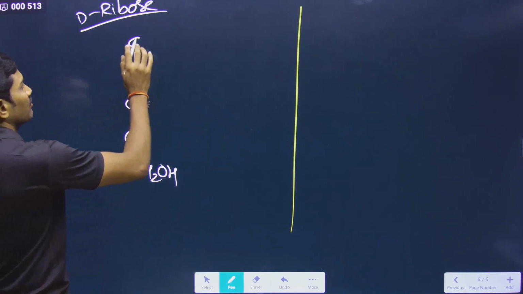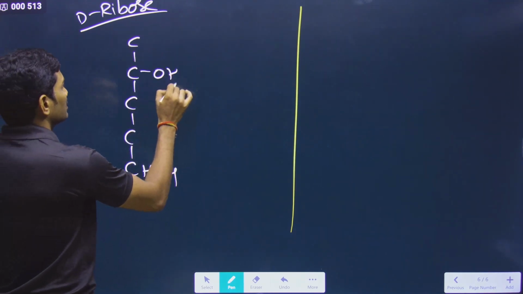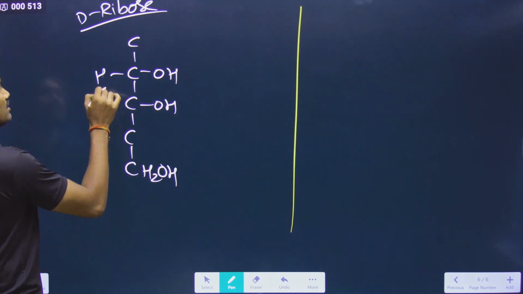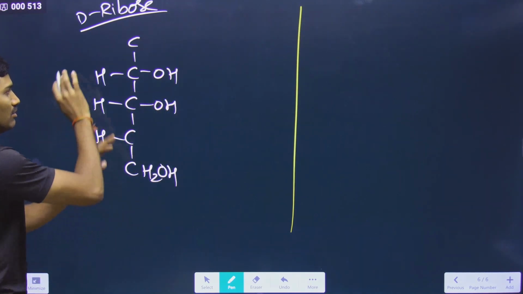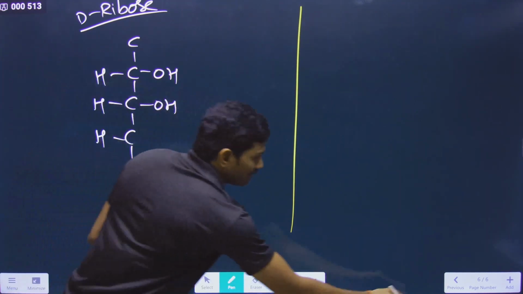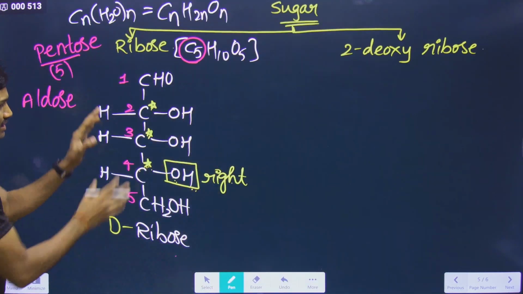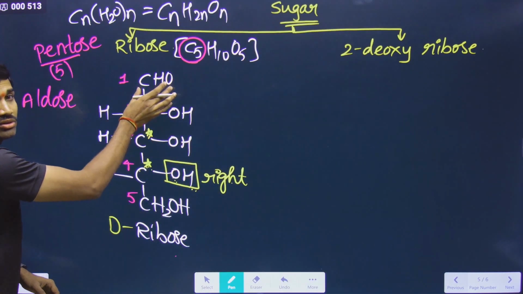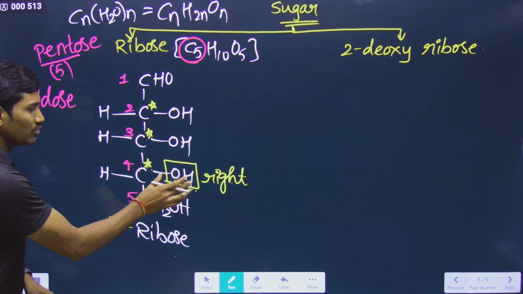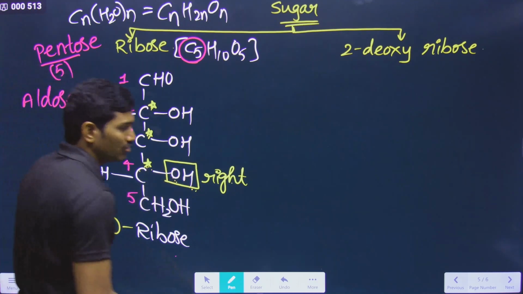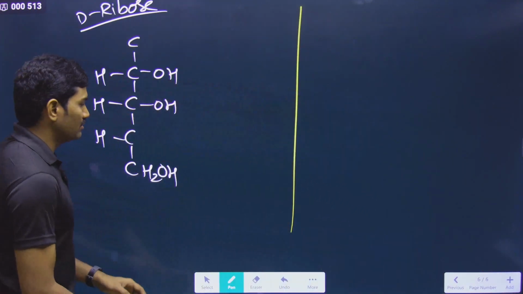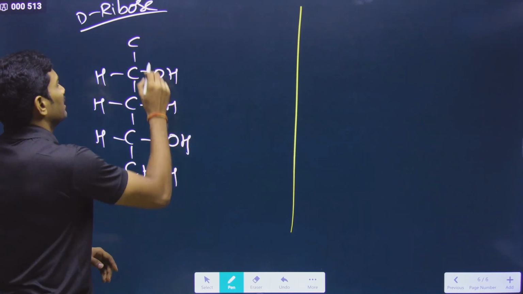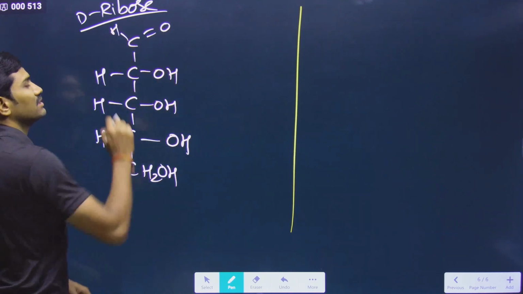In the first carbon don't write, but in the second carbon write OH, in the third carbon write OH, and here hydrogen, hydrogen, hydrogen. All these things you just write. In the previous structure what we did? As it is I have written. Here you wrote CHO, and here for the fourth one on the right side OH. And here OH is there, and here it is like this, right?